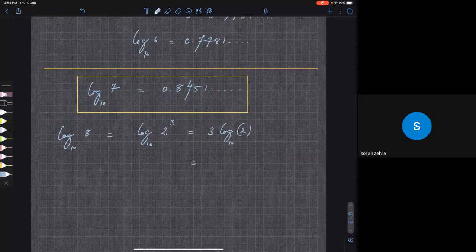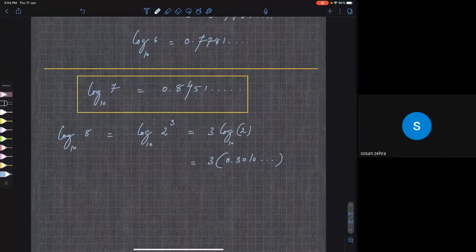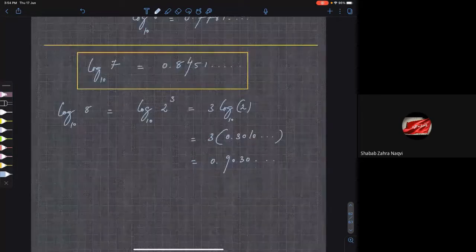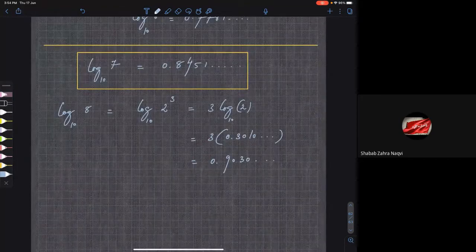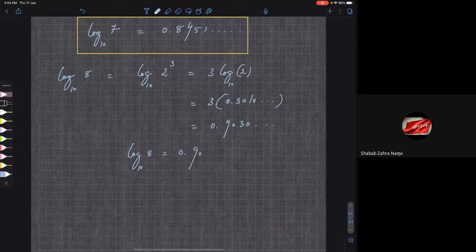So you can write it as 3 times 0.3010. So it turns out how much? 0.9030. It is not 2 times 3, it is 2 to the power 3, right? Clear? Yes, sir. So we got the value of log 8 also. You don't need to remember this.